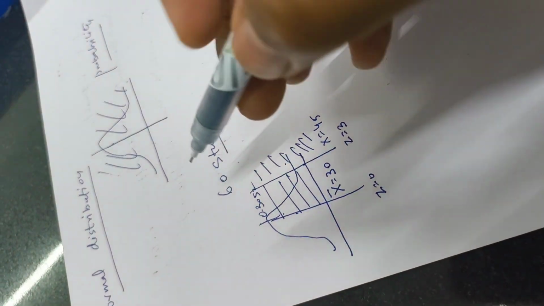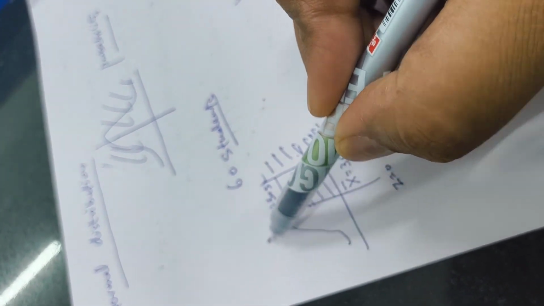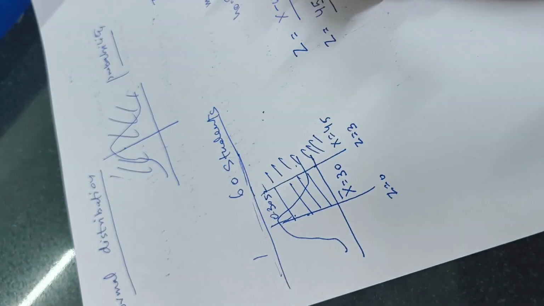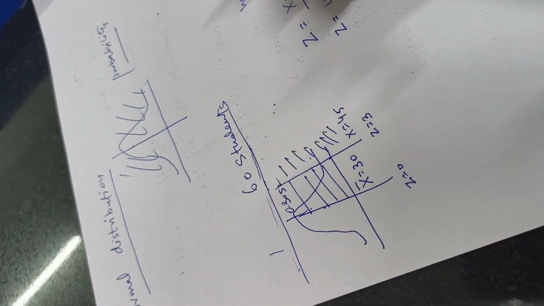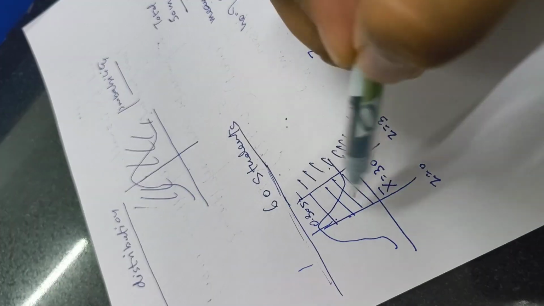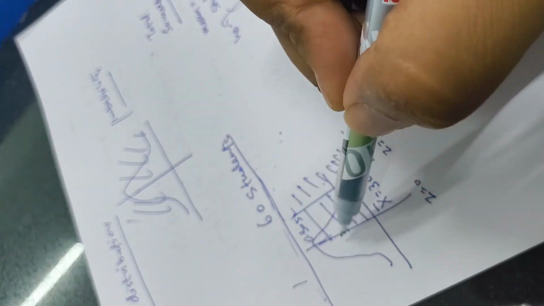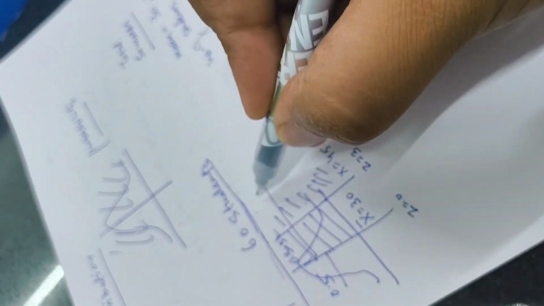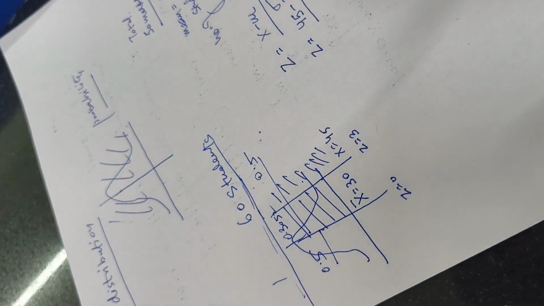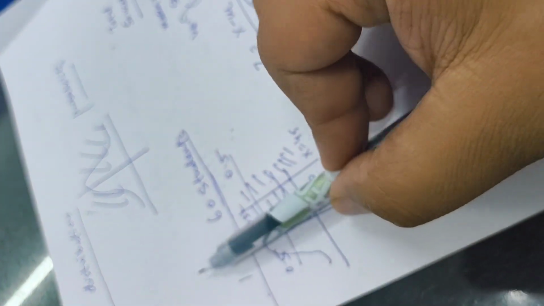Now the probability definition says, as we have already discussed, that the sum of all the probabilities, this complete area under the curve, is 1, because the sum of all the cases is equal to 1. This area is symmetrical, so this half is 0.5 and this half is also 0.5, because it is exactly at the half.